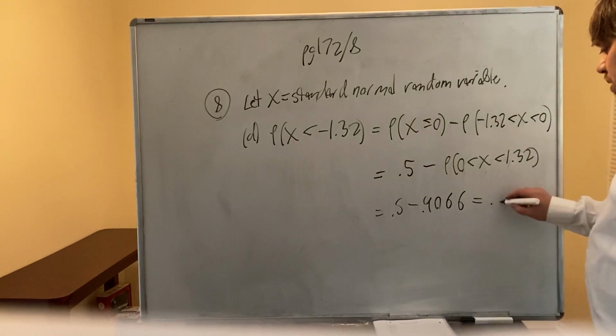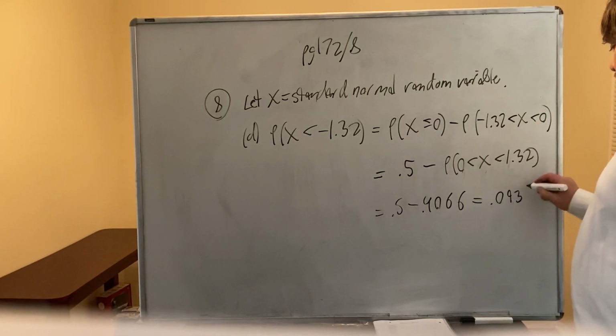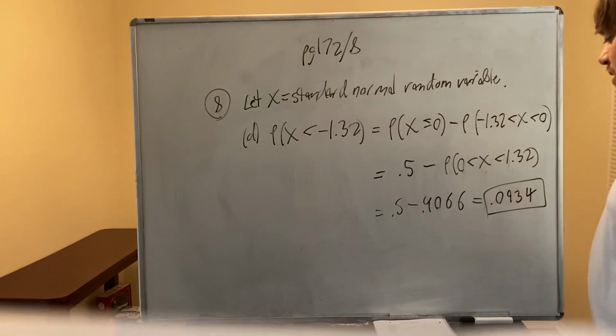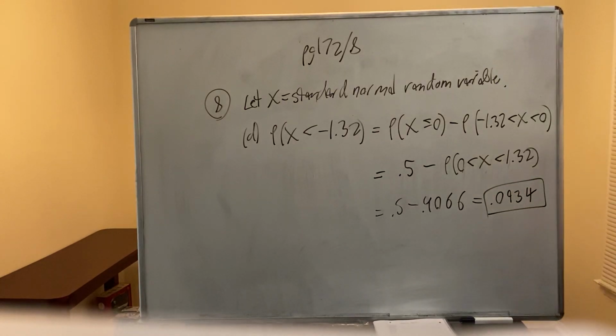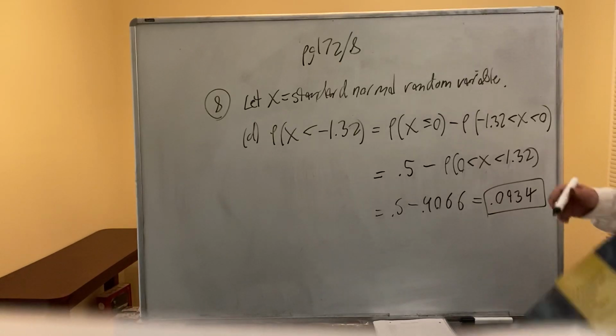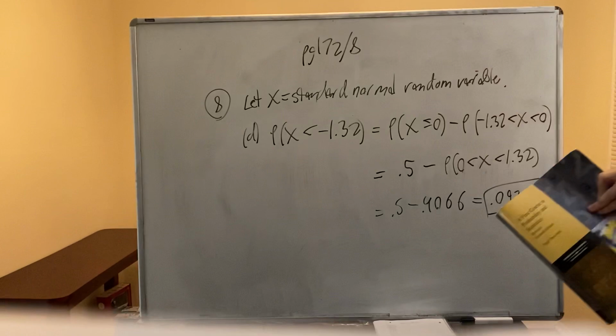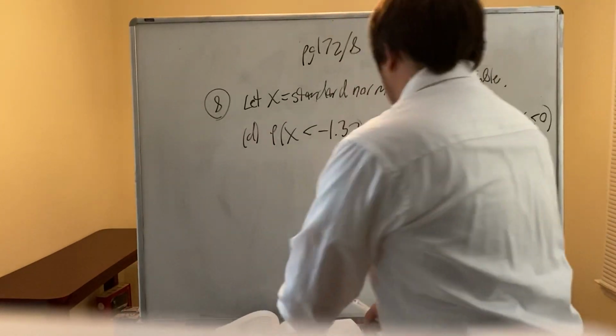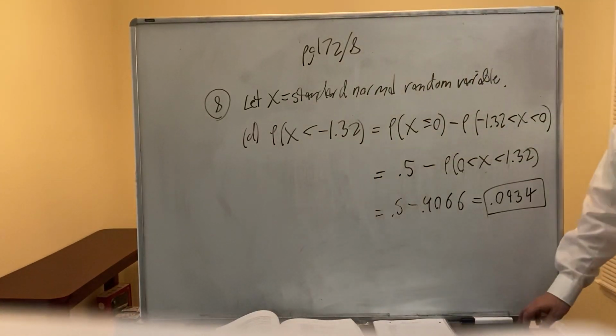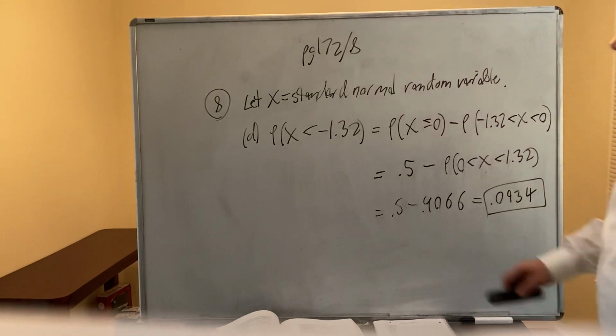Okay, which is 0.0934. So that's equal to 0.0934. Okay, so that's the probability for part D. Okay, so let's go to another problem.